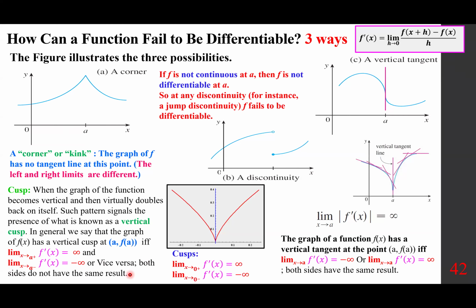Both sides do not have the same result. Over here, both sides had the same result, either negative or positive infinity, but in this case, one side is infinity and the other side is not. That's the idea.